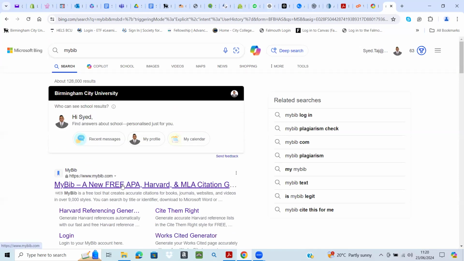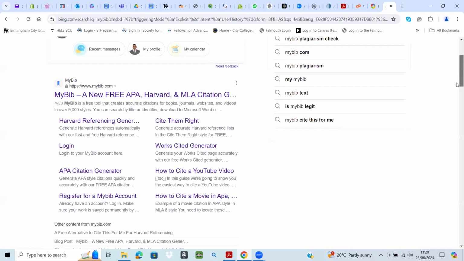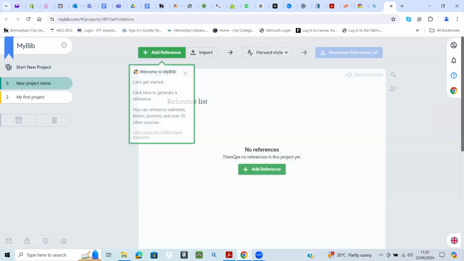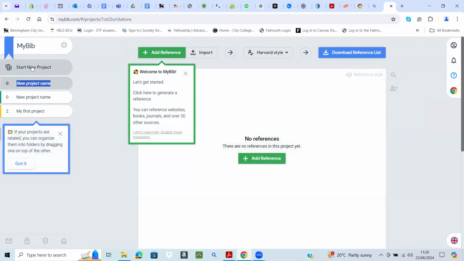So here, for example, we have this search result. We will go to mybib.com and start a new project. Look here, we have selected the Harvard referencing style.